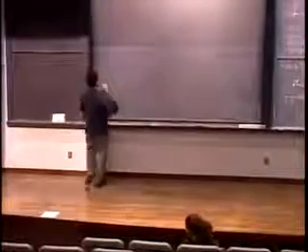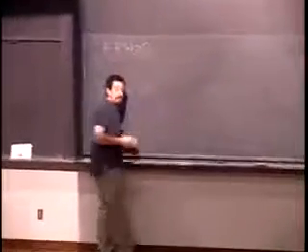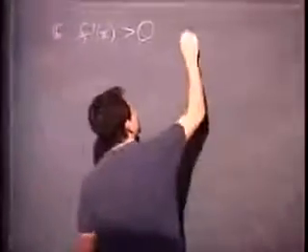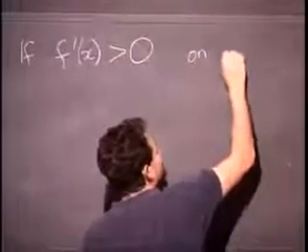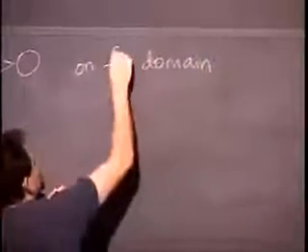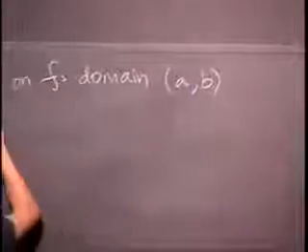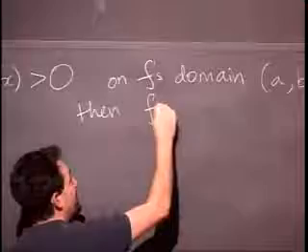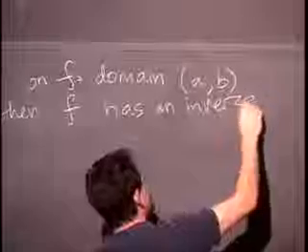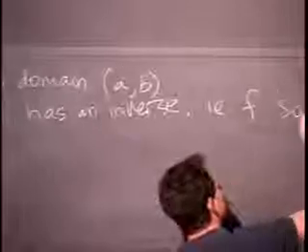And what I said was, if f prime of x is greater than 0, so if f's derivative is always positive on some interval in f's domain, say (a, b), then f has an inverse. Another way of thinking of this is, i.e., f satisfies the horizontal line test.